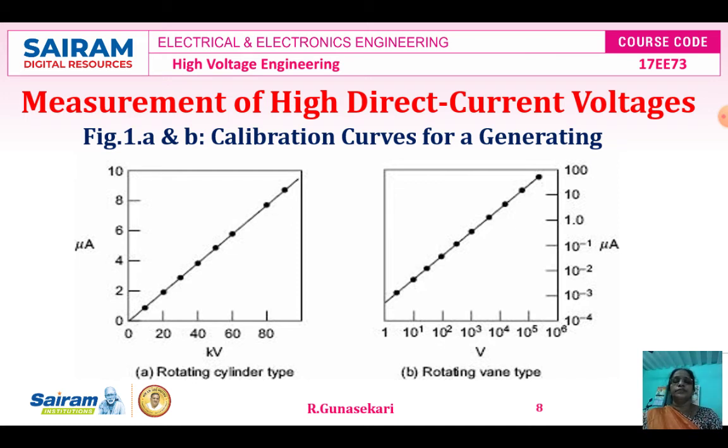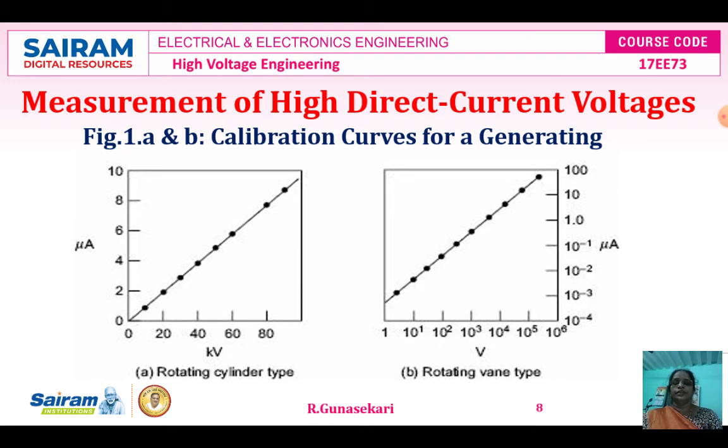This is the calibration curve for a generating voltmeter. So two types of generating voltmeter are there. One is the rotating cylindrical type, another one is the rotating vane type. For these two types of generating voltmeter, figure A represents the rotating cylinder type.